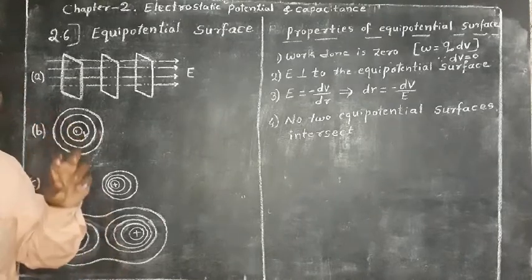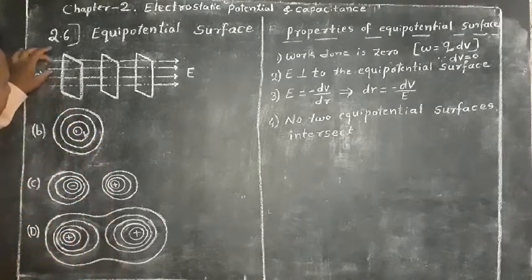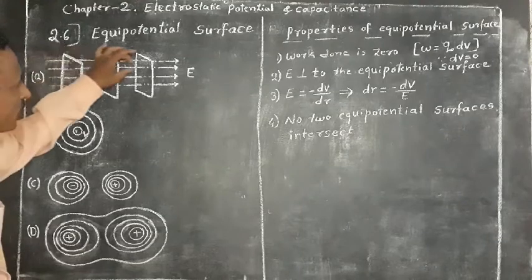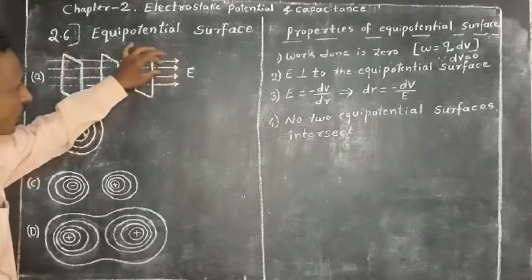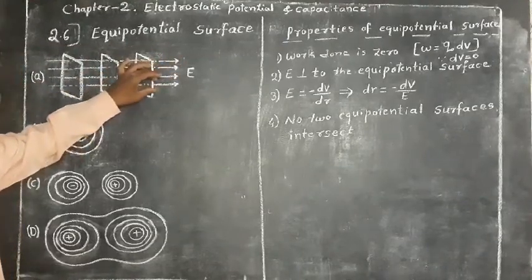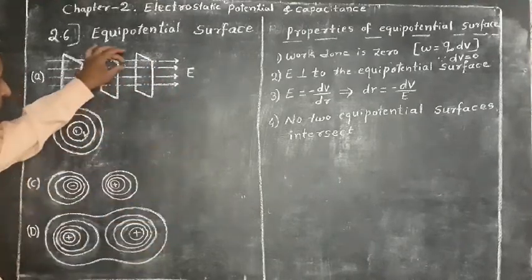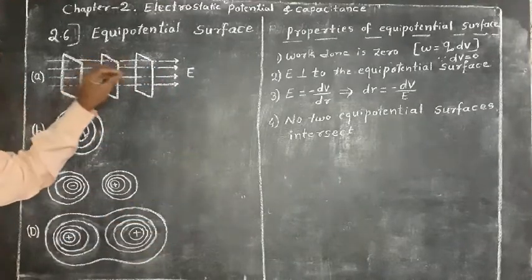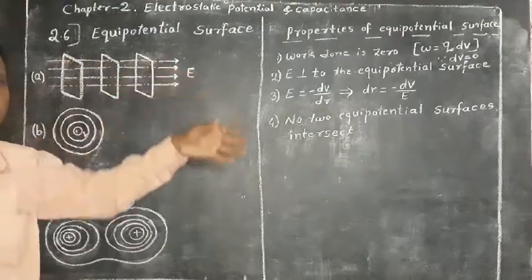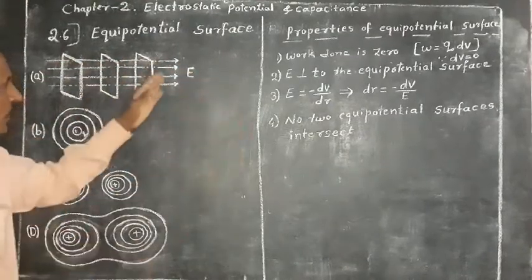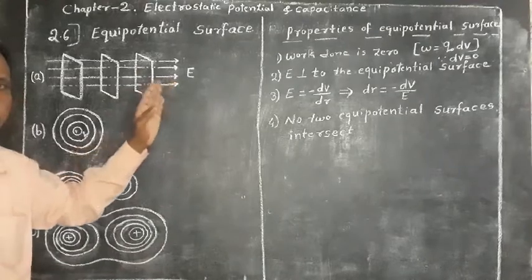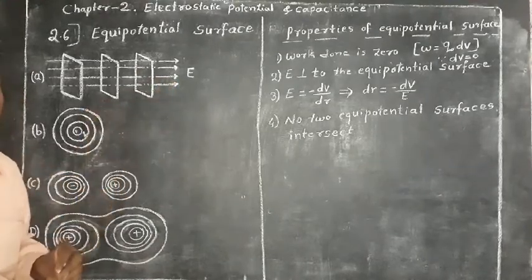A uniform electric field is represented by directed straight lines parallel to each other. The spacing between the lines remains the same and they are directed in the same direction. Such an electric field is called a uniform electric field.